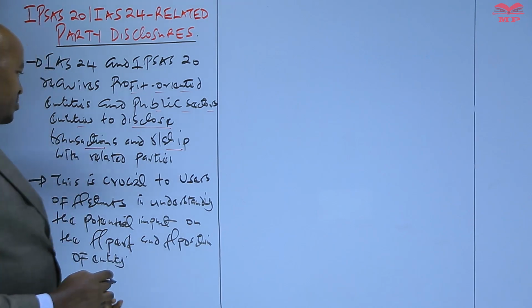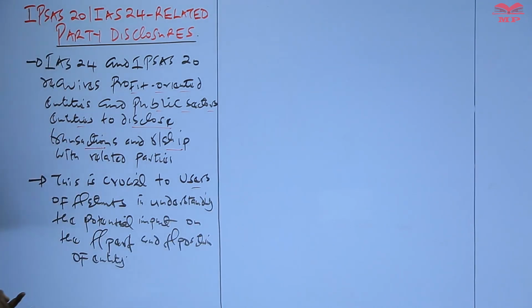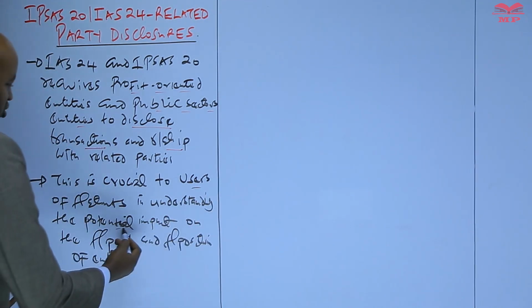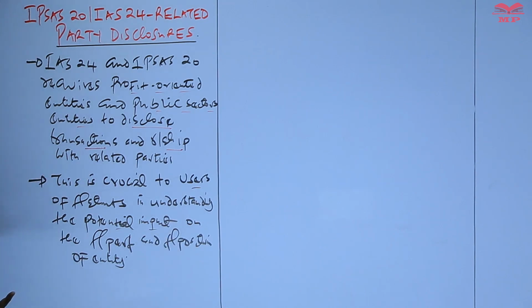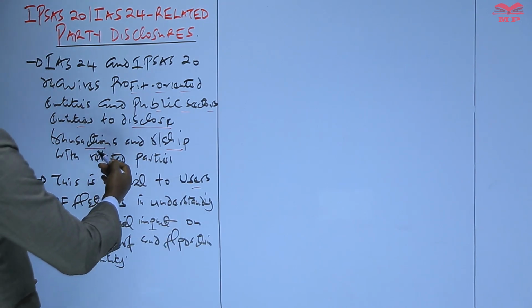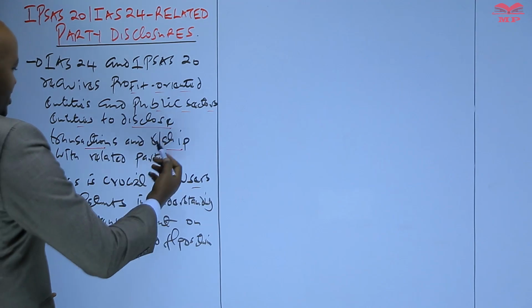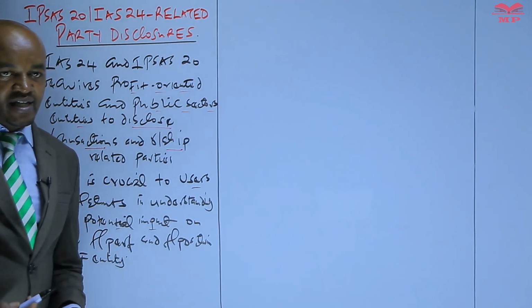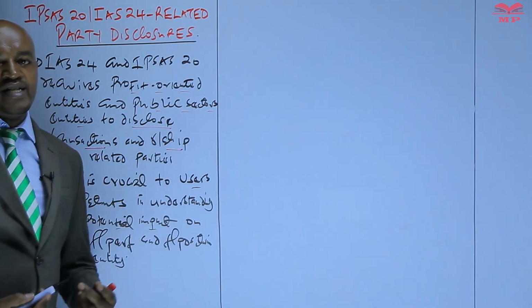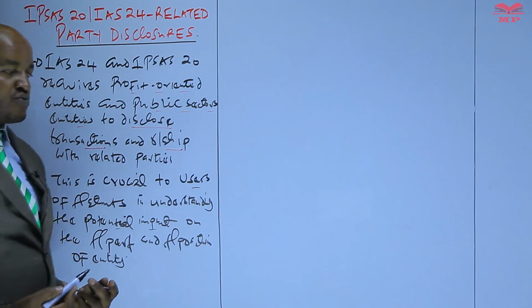So therefore the users will be in a position to understand the potential effect or impact of the transactions and relationship by an entity with who we refer to as the related what?